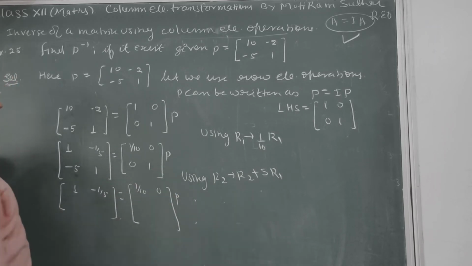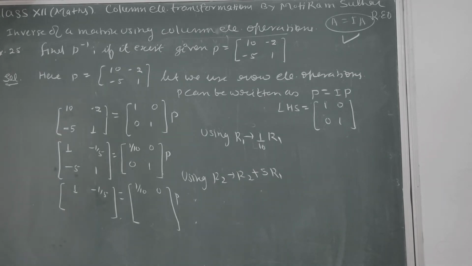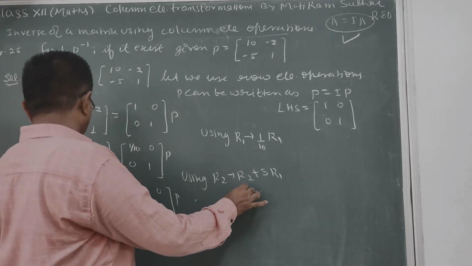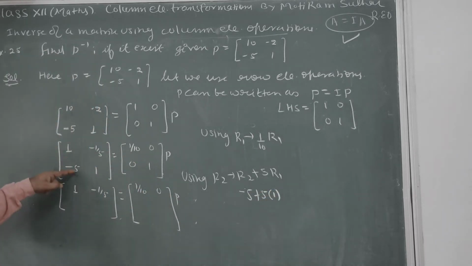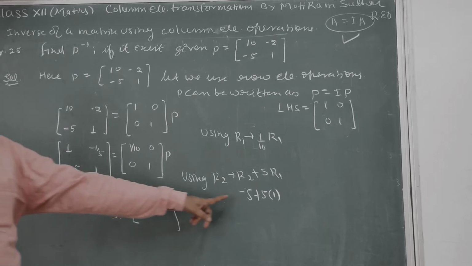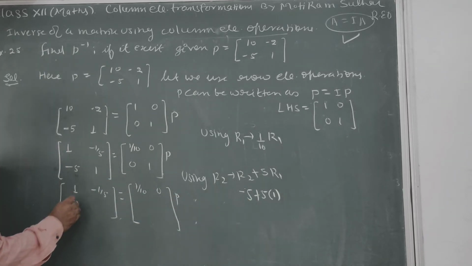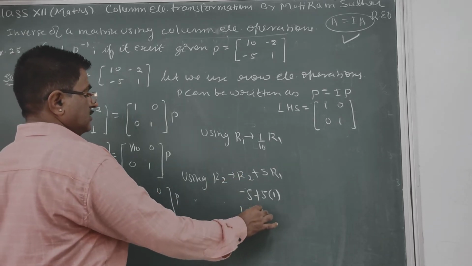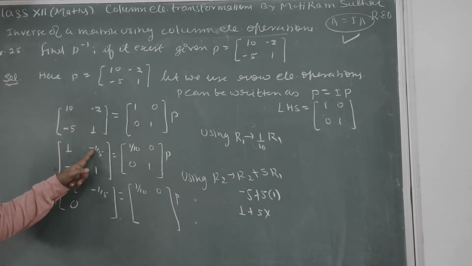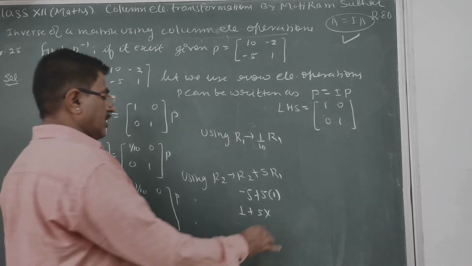अब दोनों साइड में सेकंड रो आपको लिखनी है. राइट? So see here, R2 plus 5 times R1. R2 कितना है? Minus 5 plus 5 times R1, 1 है. पहले एलिमेंट के लिए minus 5 plus 5, 0. इसी तरह से इस एलिमेंट के लिए R2 कितना है? 1 plus 5 times minus 1 by 5.